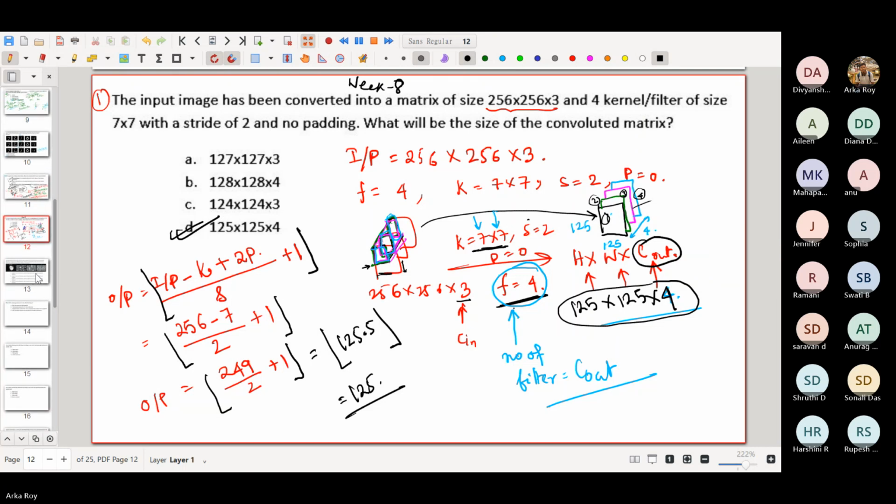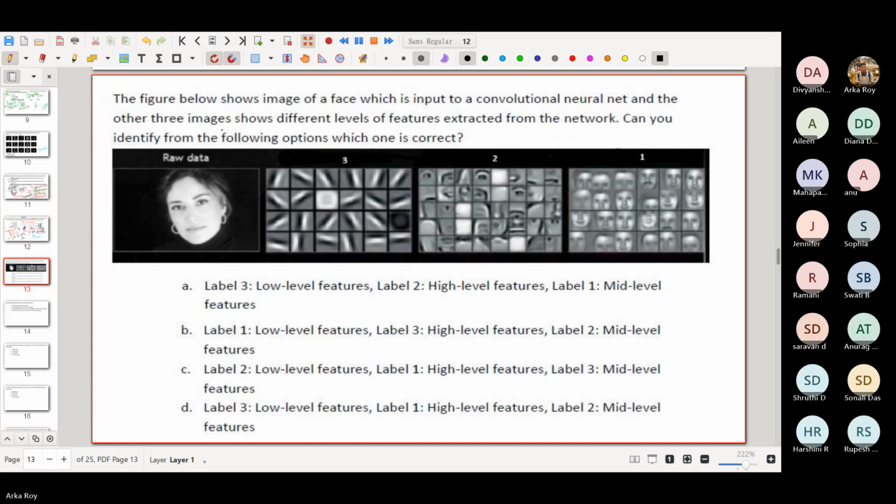Okay. So the next question states that you provide the raw input data over here, and these are hidden representations 3, 2, and 1. We need to comment on what level of representations we get at 3, 2, and 1. If you have a convolutional neural network, this is your input image.